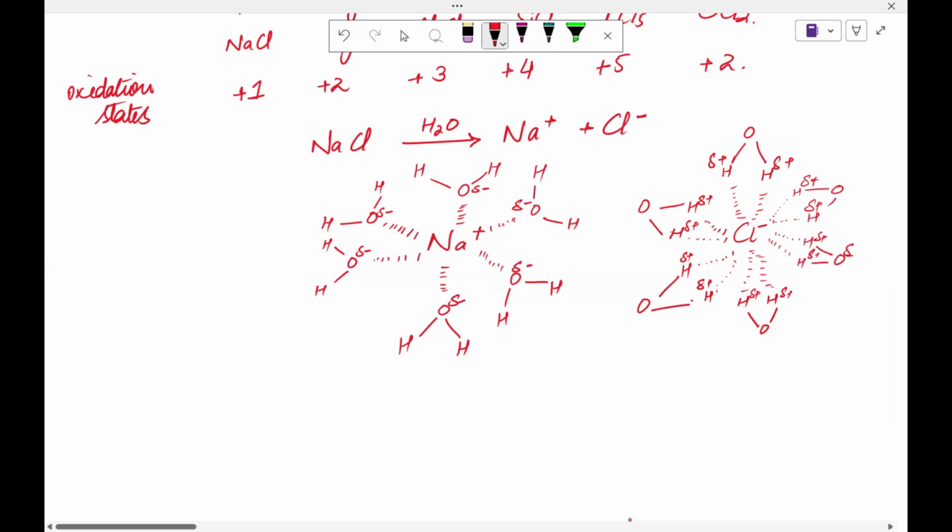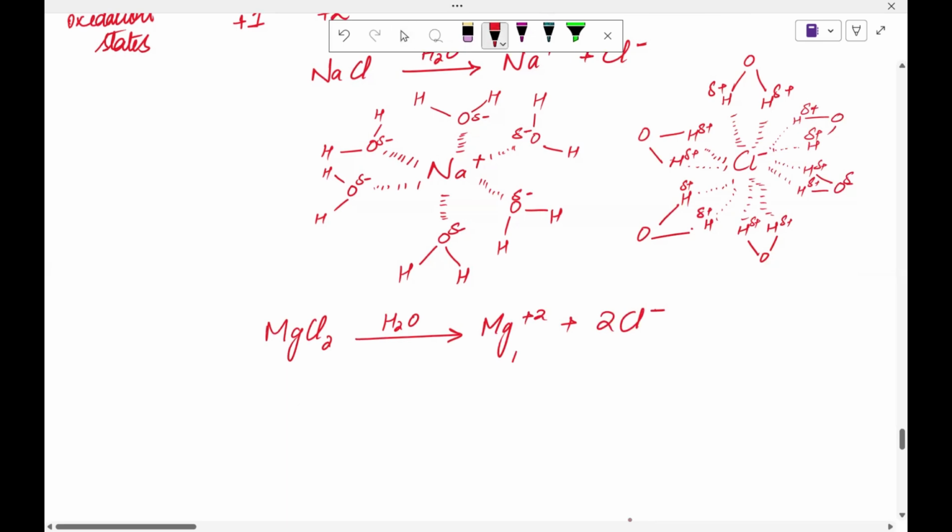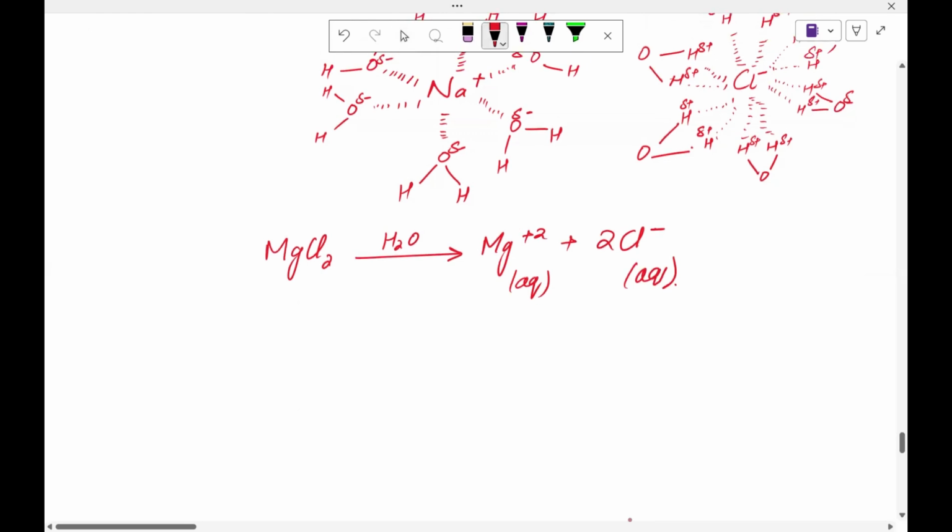So let's discuss MgCl2. It is going to split up into its ions when put in water, so that would be 2Cl minus, both in aqueous form. Now let's discuss Al2Cl6.